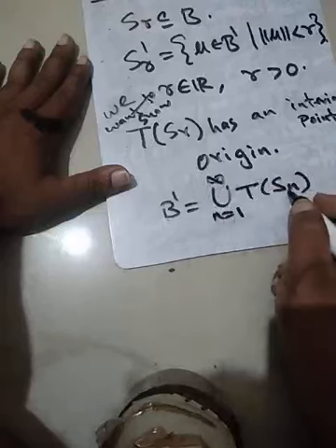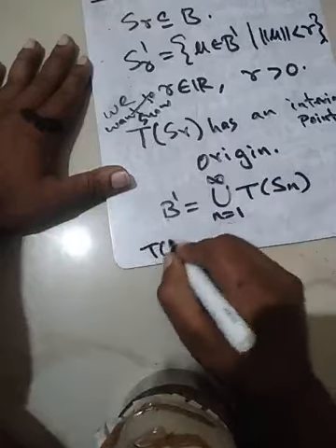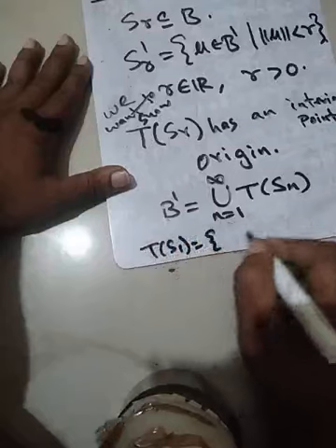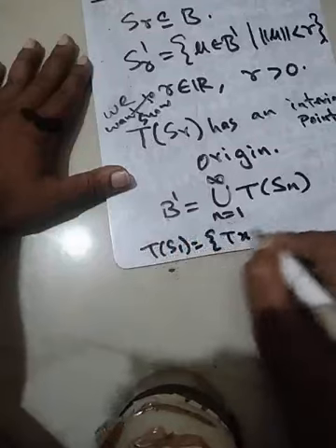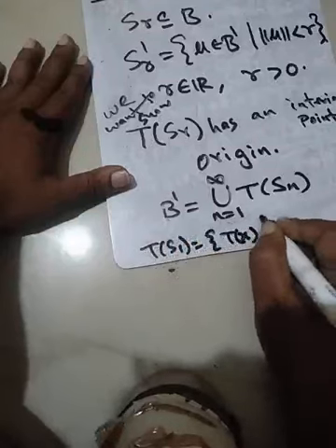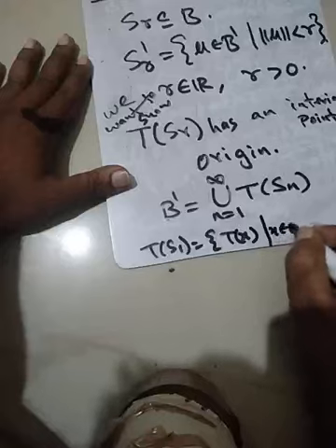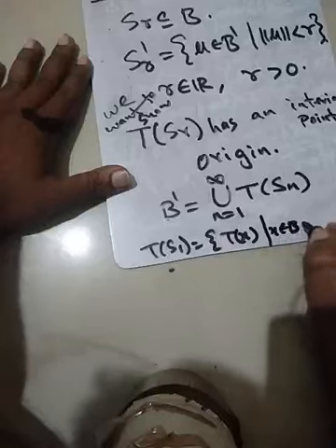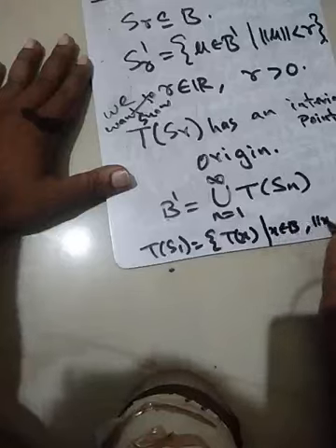So TS1 would be what? As a set, TS1 is T of x such that x belongs to B and norm of x is strictly less than 1. This is TS1.